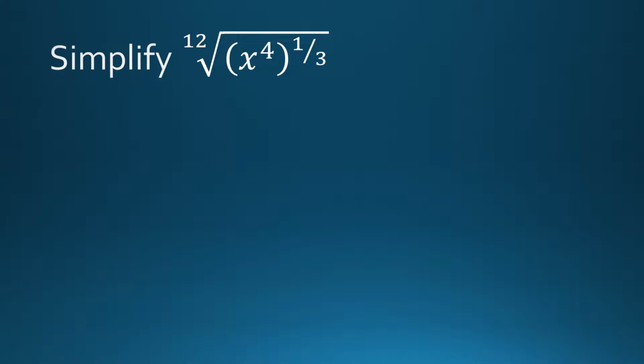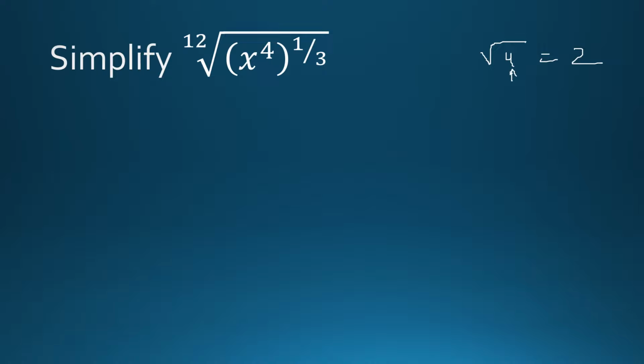But what is given to us? A surd having x raised to power 4 raised to power 1 by 3, but in outer form we have the 12th root. Remember, when you write square root of 4, it becomes 2. Do you know how?